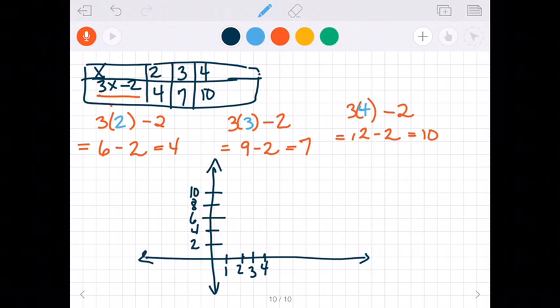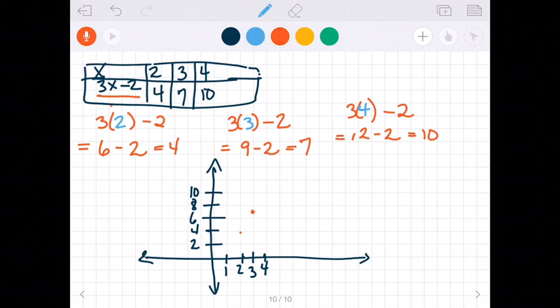So I'm going to make my dots with red. When X is 2, Y is 4. When X is 3, Y is 7. Okay, that's in between 6 and 8, so I'll just put a little dot there. Whoops. Ended up making 2 dots, didn't I?